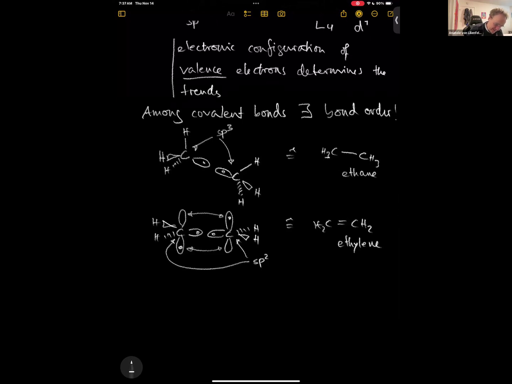And then, of course, we have the triple bond when our carbon is in an arrangement where you only have 2 hydrogens in the molecule.